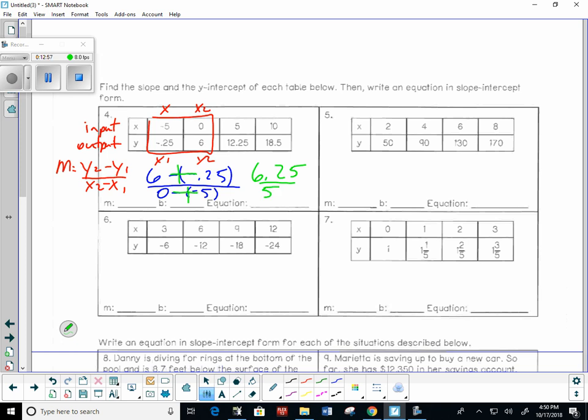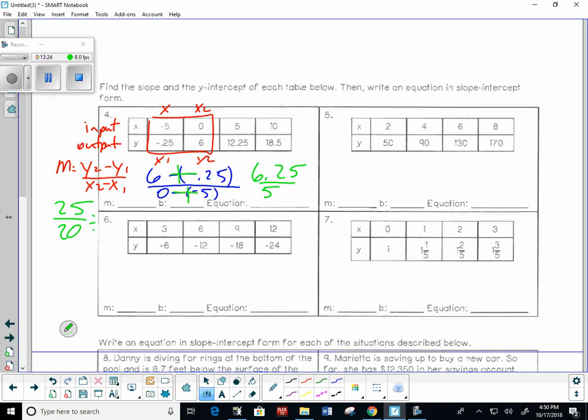Okay, so if I was going to divide that out, I think, how many quarters are in $6.25? So let's say there's 4 quarters in a dollar, so 4 times 6 is 24, plus 1 more is 25. How many quarters are in $5? So that would be 5 times 4 is 20.